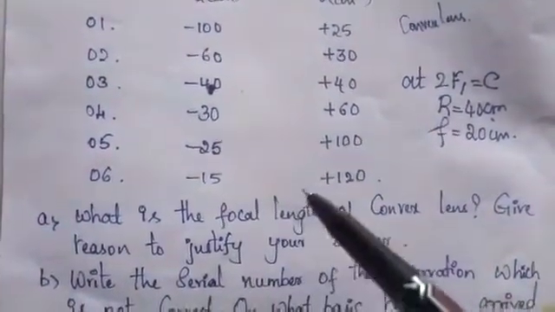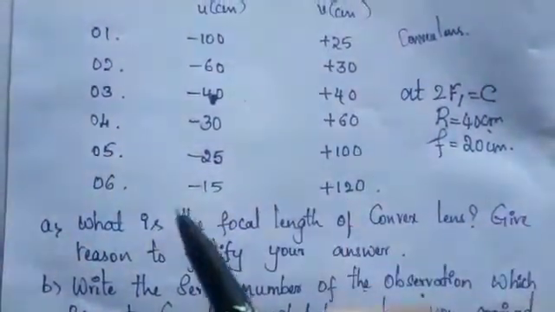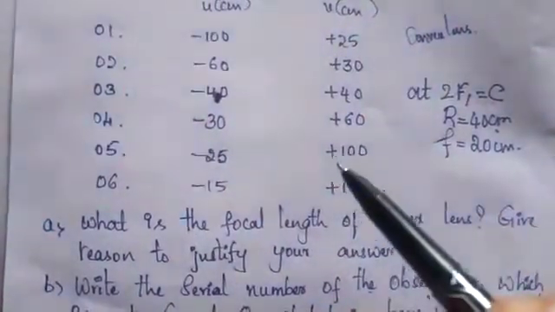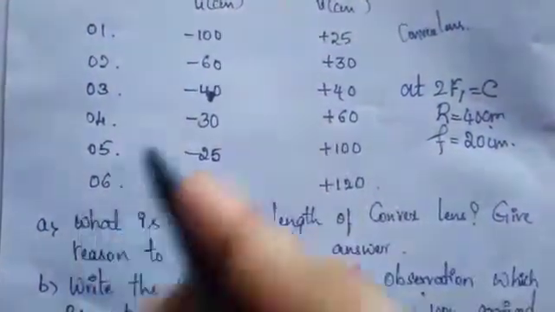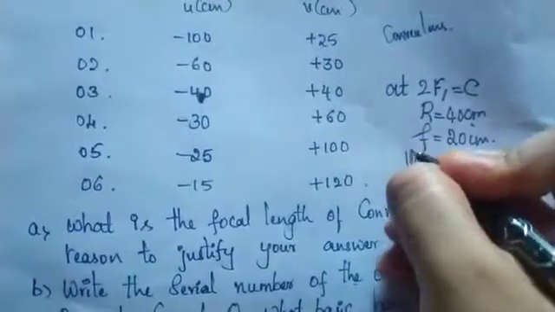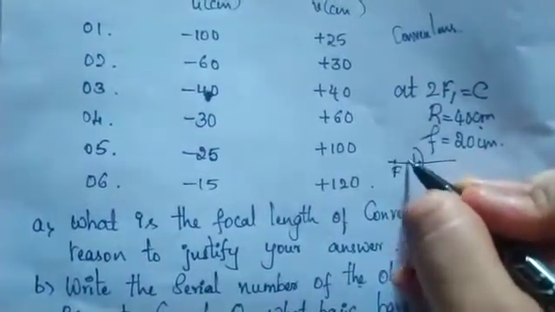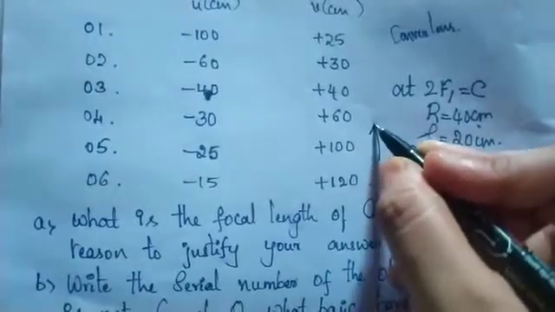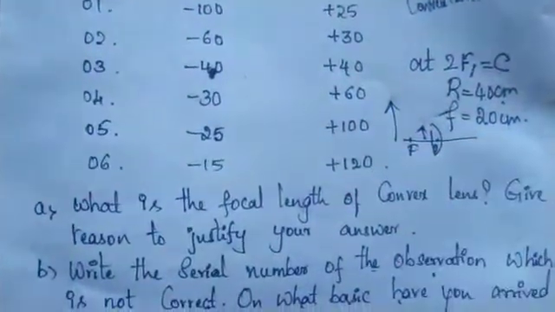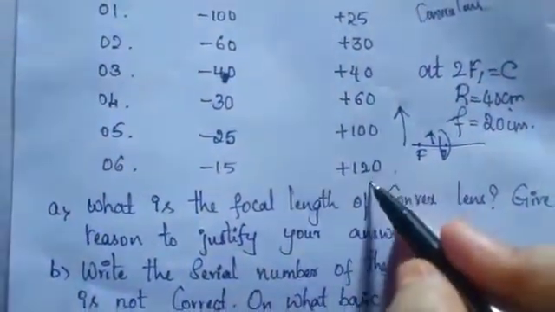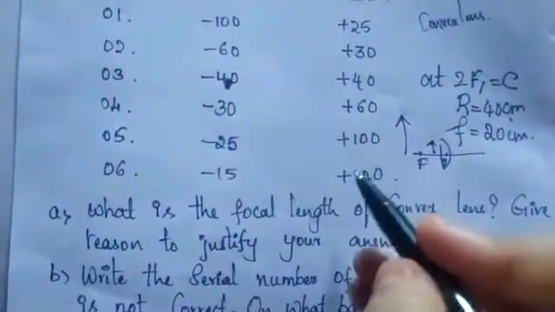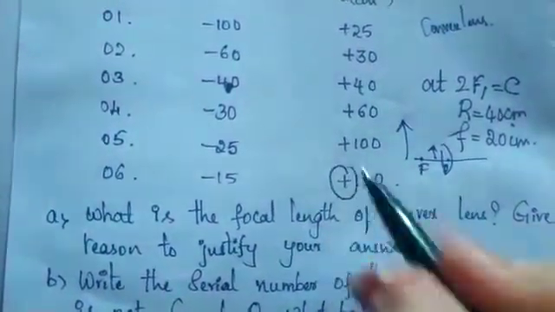But we know that when an object is between f1 and optic center, the image will be formed on the same side of the lens. Maybe it can be at 120 centimeter, but here it has a positive sign.